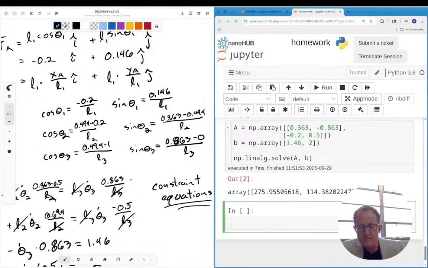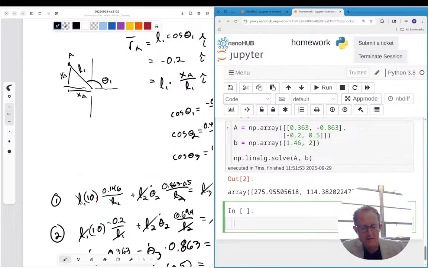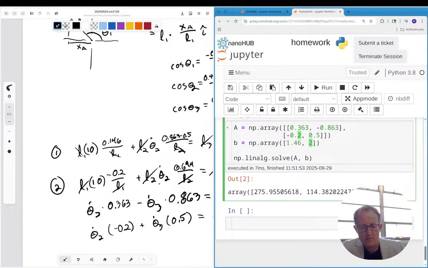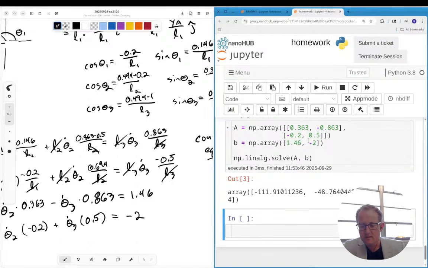This should be okay. I'm missing something though, because these numbers can't be right. So then what did I do wrong here? Oh, this should be a negative 2, right? Well, one of these should be, all right, maybe that was the problem. I missed a negative sign. Still, 100 radians per second. That's way too fast, because we're only moving at 10 radians per second.